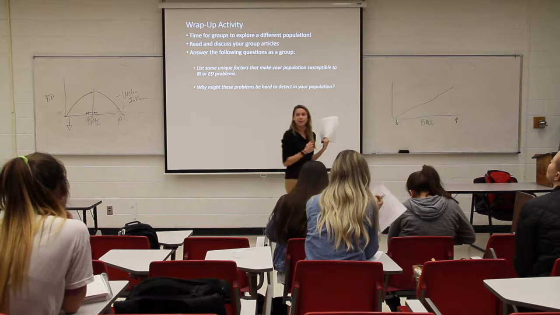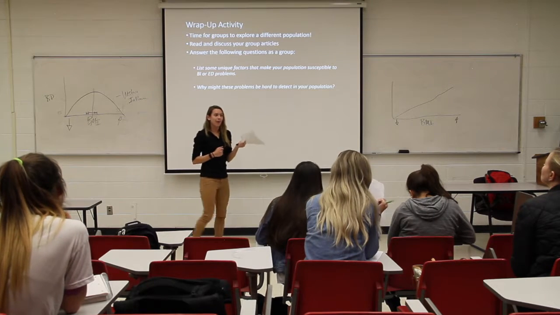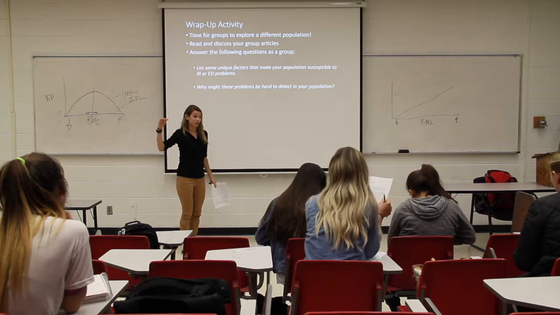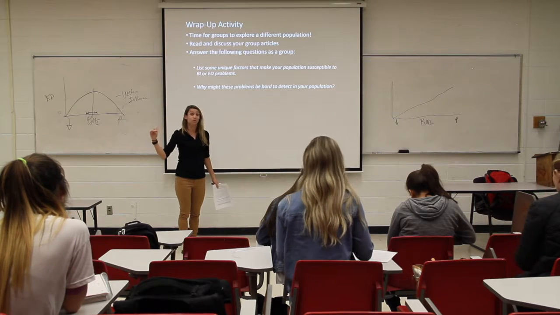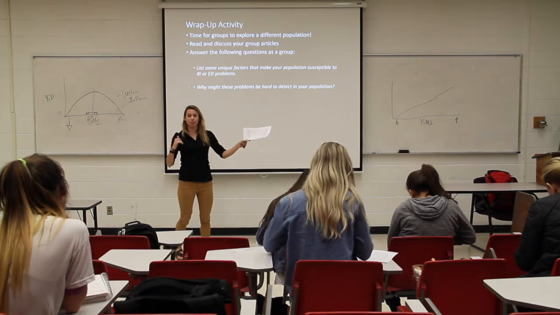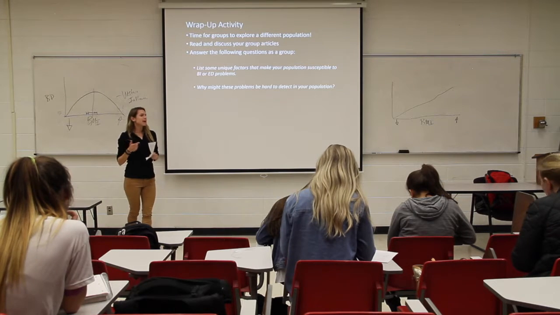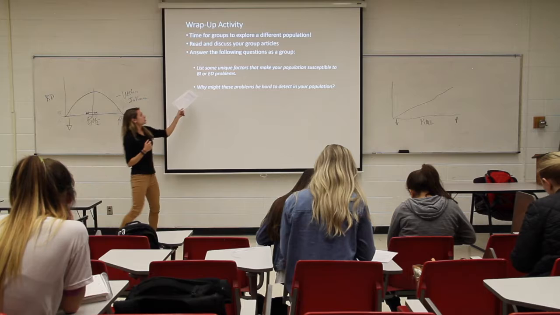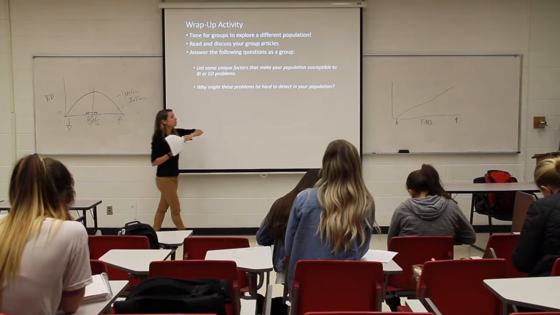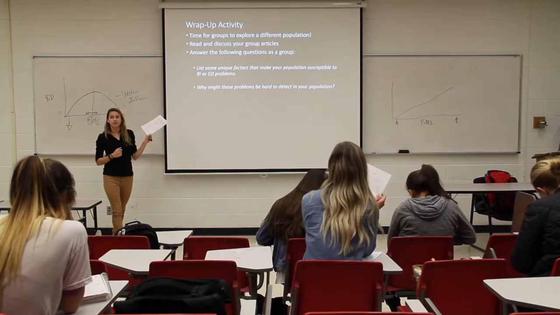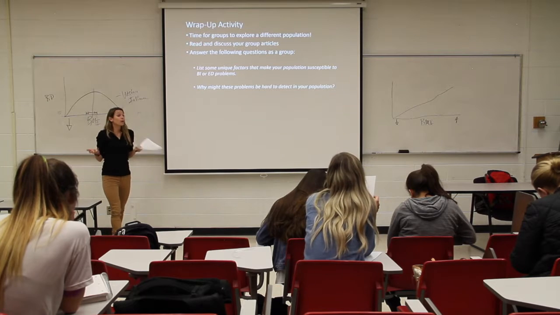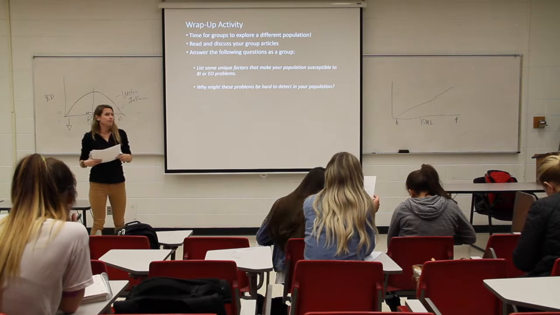And it just struck me the other day, wow, these guys are not only so short, but so skinny. And boom, found an article on them. So I want you to just graze over these, come up with some ideas, and then answer these questions. What are the unique factors that make your population susceptible to body image and or eating disorder problems?